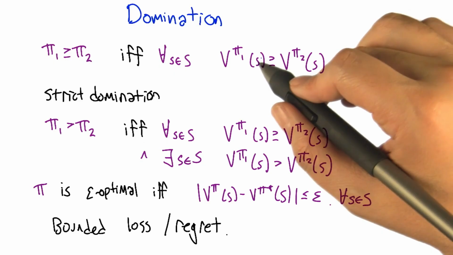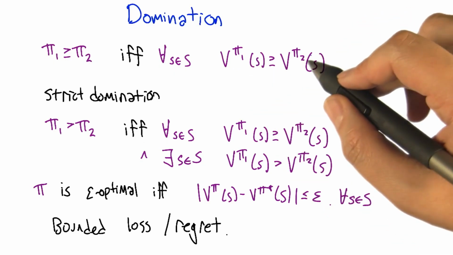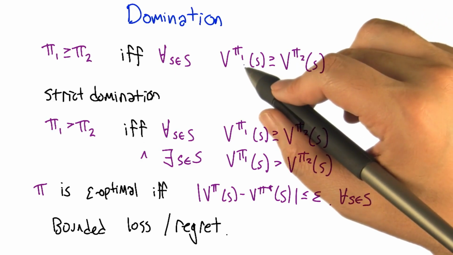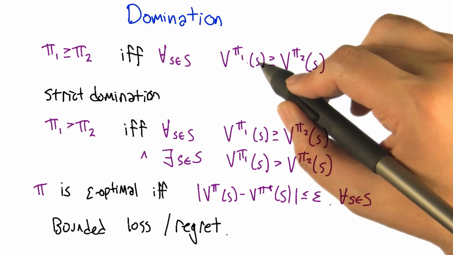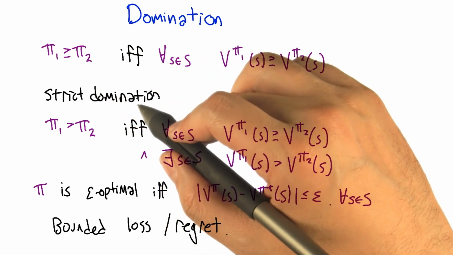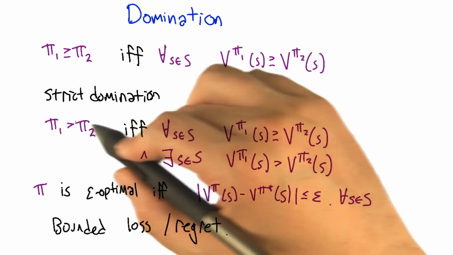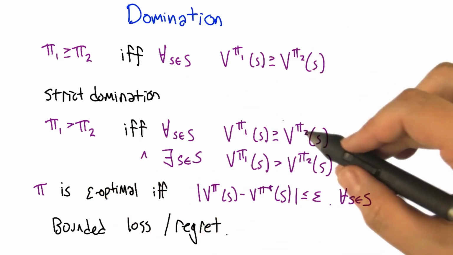So it could be that policy 1 does better in one state and policy 2 does better in another state, but if it dominates, policy 1 has to do no worse in any state. And in fact, we're going to say we have strict domination if policy 1 dominates policy 2 and there's some state for which it's actually strictly better.